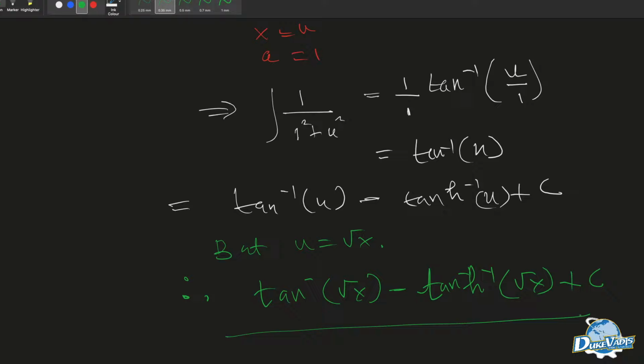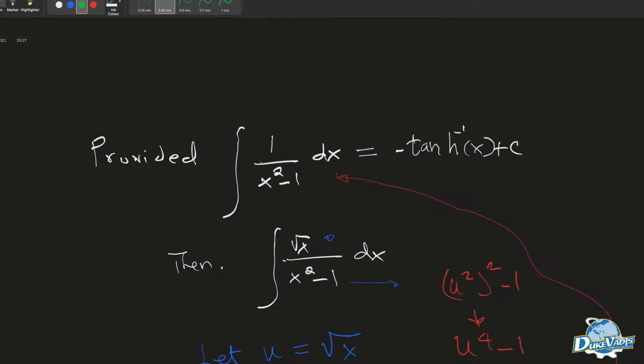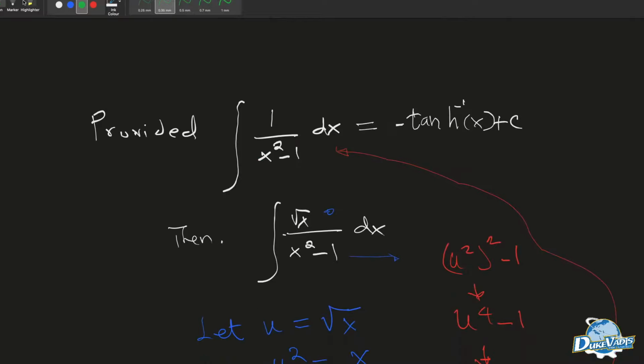Well, I think we got to go through once again so that we'll be able to break it into pieces for everybody to see how we started it. Okay, so let's go to the top once again. So the first thing is, we're given this as a clue to help us to integrate.